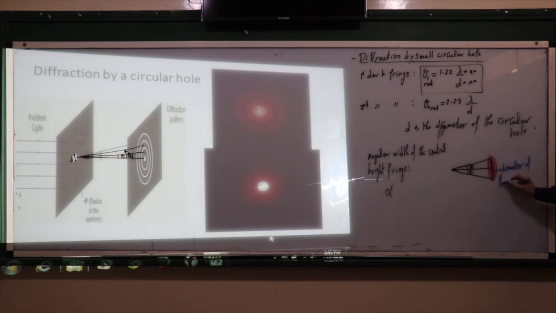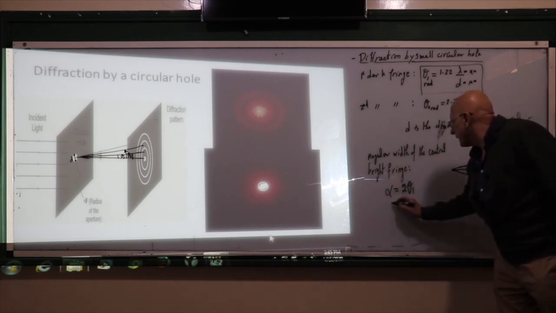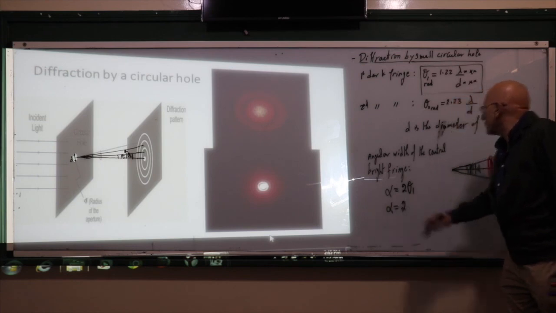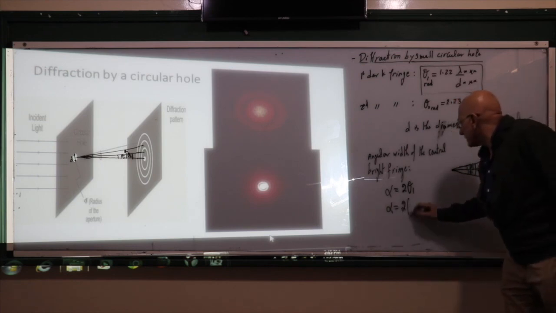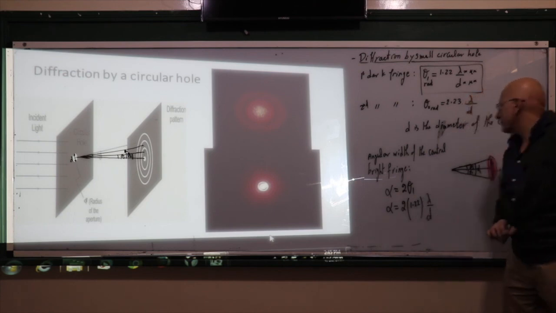The angle facing this diameter is called the angular width of the central bright fringe, alpha, which is equal to 2 theta 1. That is, alpha is equal to 2 times 1.22 lambda over d.